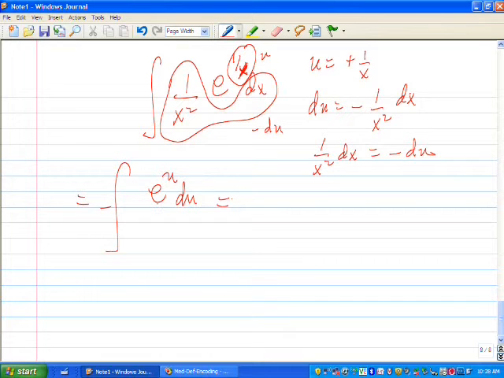The integral of e to the u is just e to the u, so we have minus e to the u plus a constant. And because u is equal to 1 over x, we get that the answer is minus e to the 1 over x plus a constant.